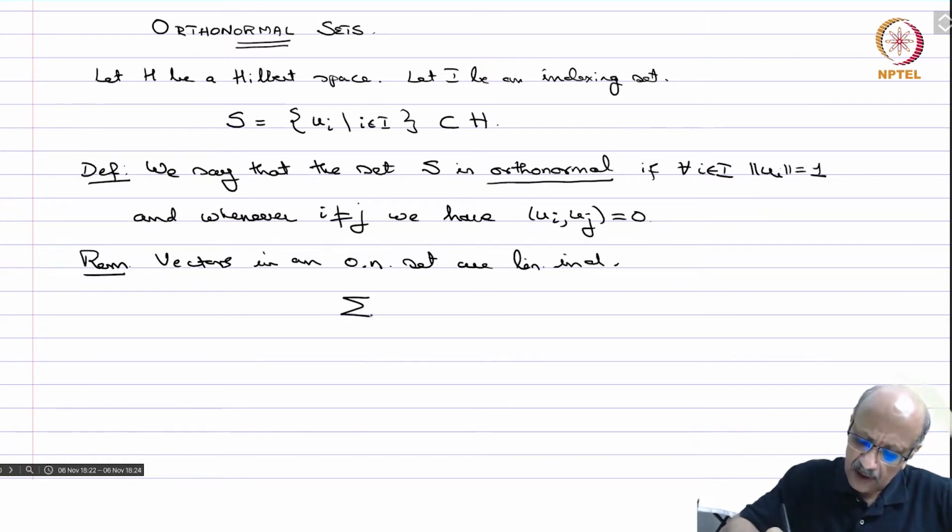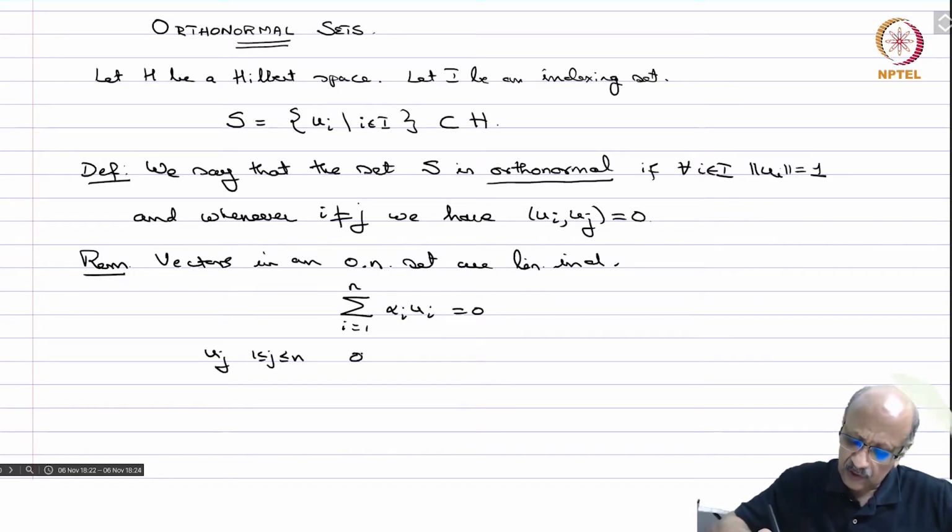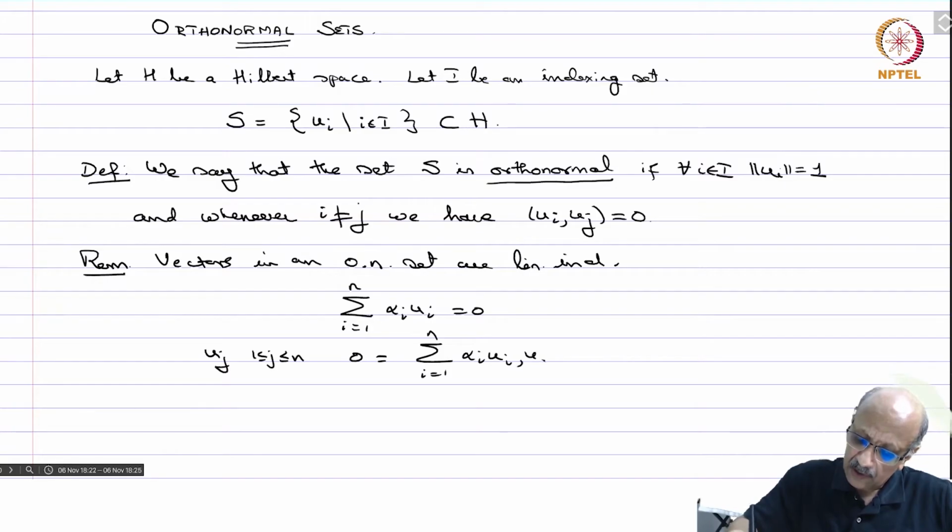So if you have sigma alpha i ui, for i equals 1 to n, equal to 0, then you take any one uj, 1 less than or equal to j less than or equal to n, so you have 0 equals sigma i equals 1 to n alpha i ui comma uj.